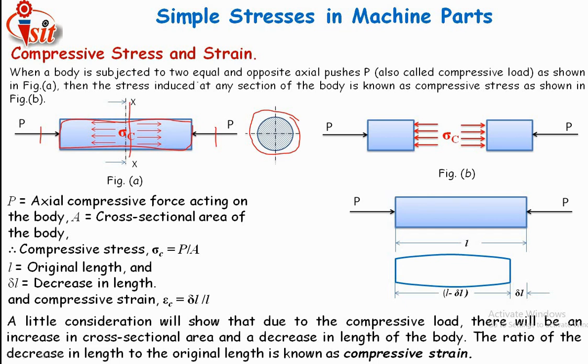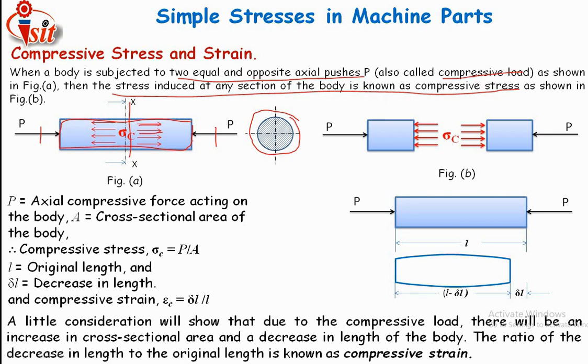When a body is subjected to two equal and opposite axial pushes, also known as the compressive load, then the stress induced at any section of the body is known as the compressive stress. Now this is the compressive load. Due to the action of this compressive load, there is a deformation of the body, but this deformation will be resisted by this equal and opposite force.